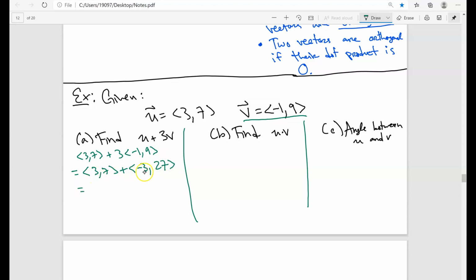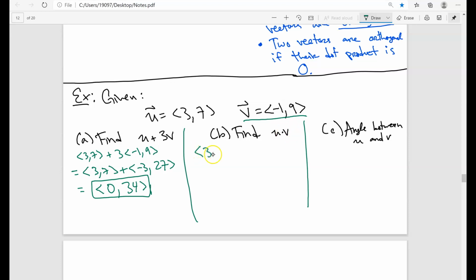Notice that 3 and negative 3 give me 0, and then 7 plus 27 gives me 34. So that's the answer. Again, if you want to write it in ij form, it'll be 34j because you wouldn't have the 0i.